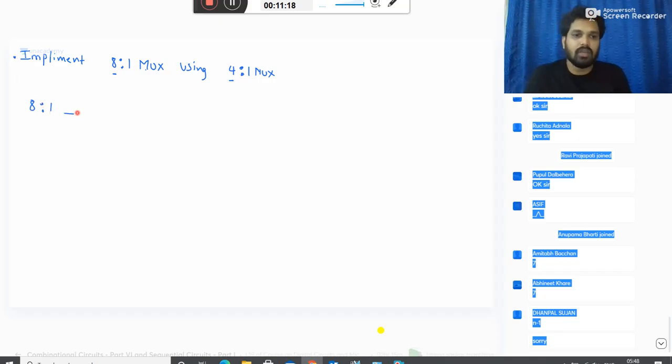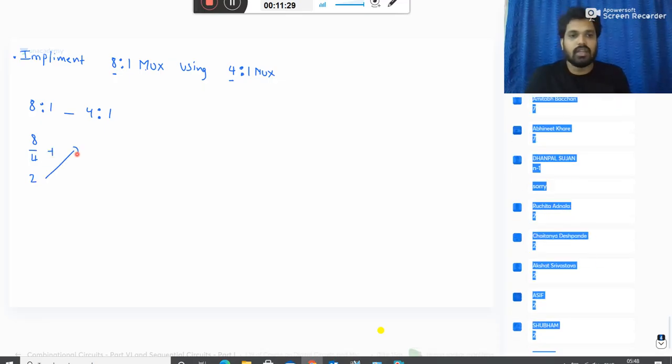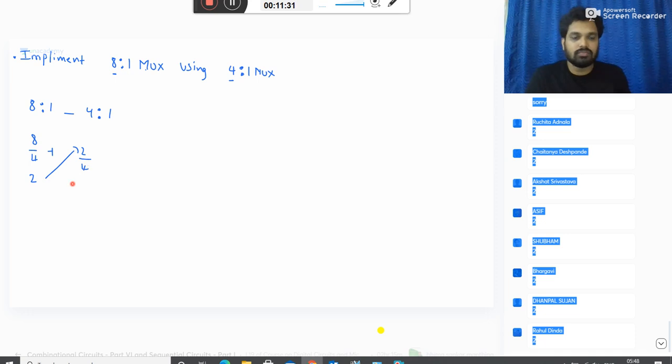I want to make 8 by 1 using the available 4 by 1. Divide 8 with 4. What is the answer? 2. Then again divide 2 with 4. 2 by 4 is 0.5. 0.5 multiplexer is not possible. You cannot have half a multiplexer. Anything less than or equal to 1, you should take as 1 multiplexer only.